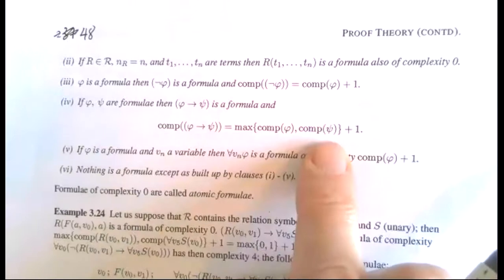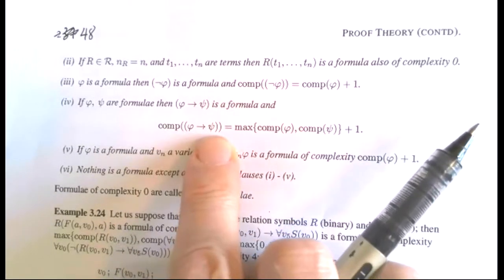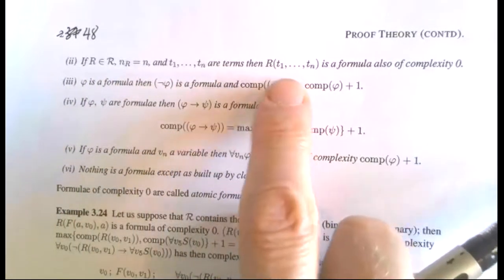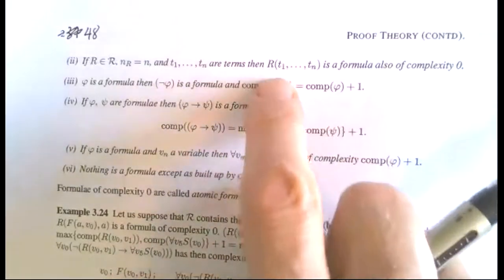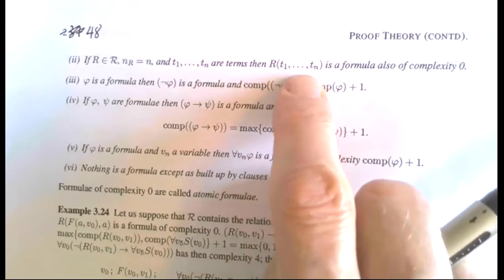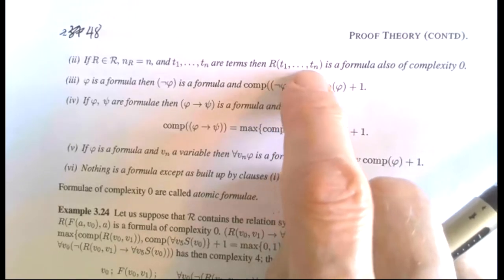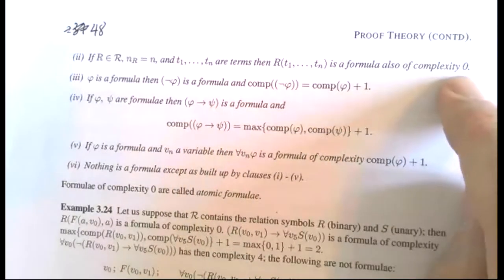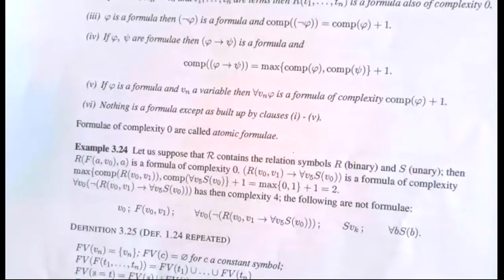We add 1 to the maximum of the two complexities here and here. For the atomic formulae, we count them as having complexity 0, even if the terms inside have high complexity. I mean, Tn may have complexity 3 million or something. That doesn't matter. As a formula, it's got complexity 0. And when we add on a universal quantifier, we add 1 to the complexity.